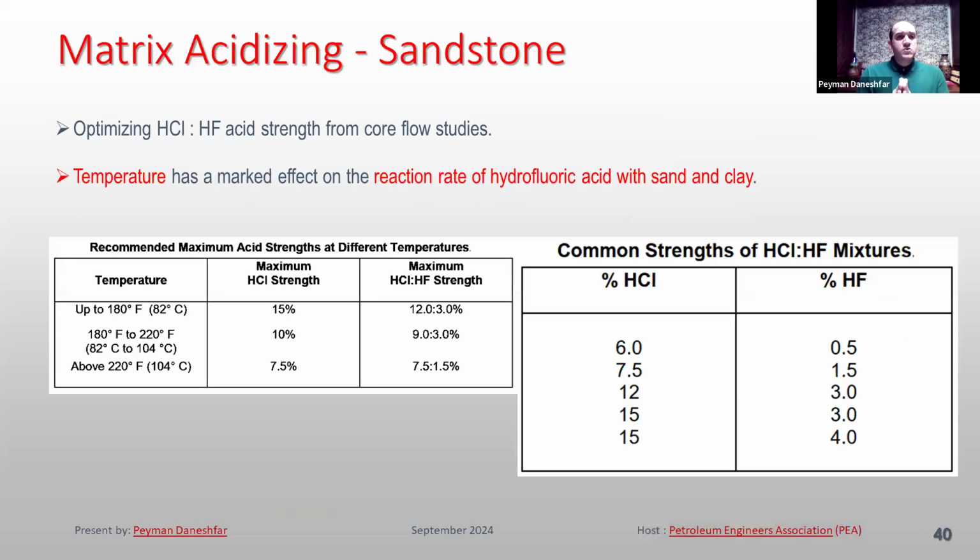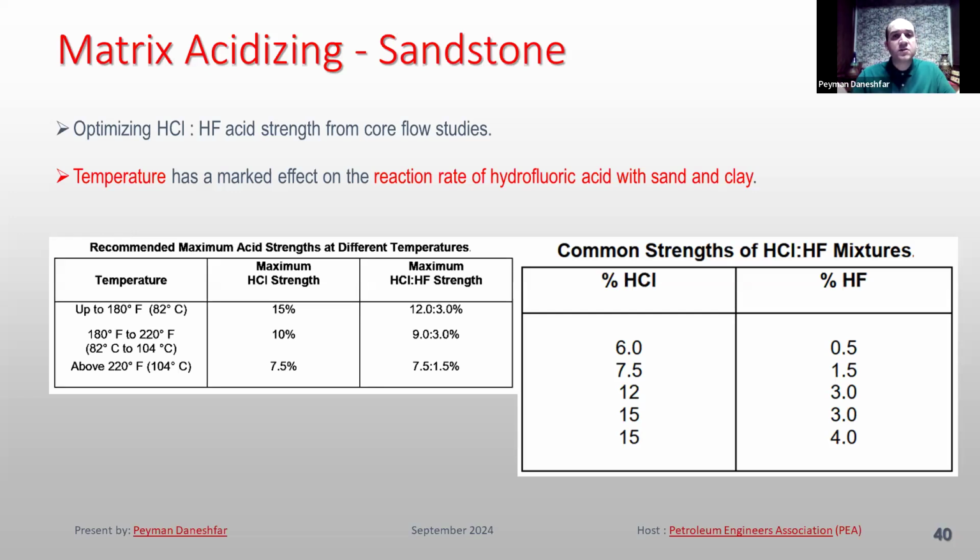When you want to find the HCl and HF dosage, you should use core flow testing. Another very important parameter for finding which dosage is better is temperature. Temperature has a marked effect on the reaction rate of hydrofluoric acid with the sand and clay.